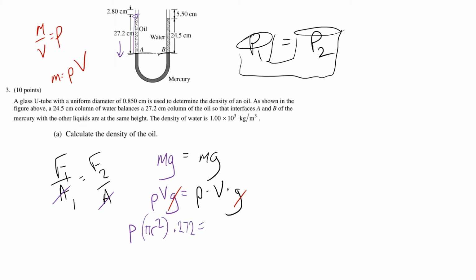This is going to equal the density of the water, which is 1,000, times the volume, which is pi r squared times h, which is 24.5. Now, these cancel out. We don't even need that diameter. All right, so solve. You're going to get a density of 901 kilograms per meter cubed. Nice, and that's it for that one.